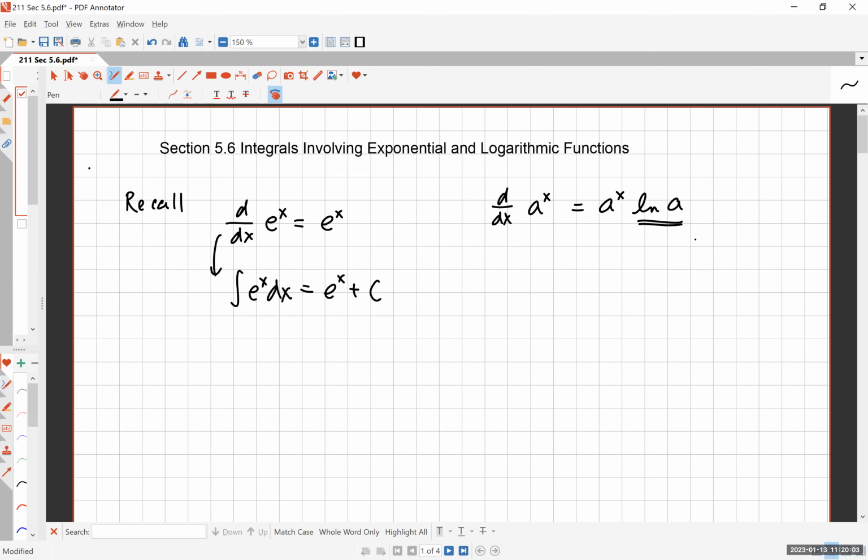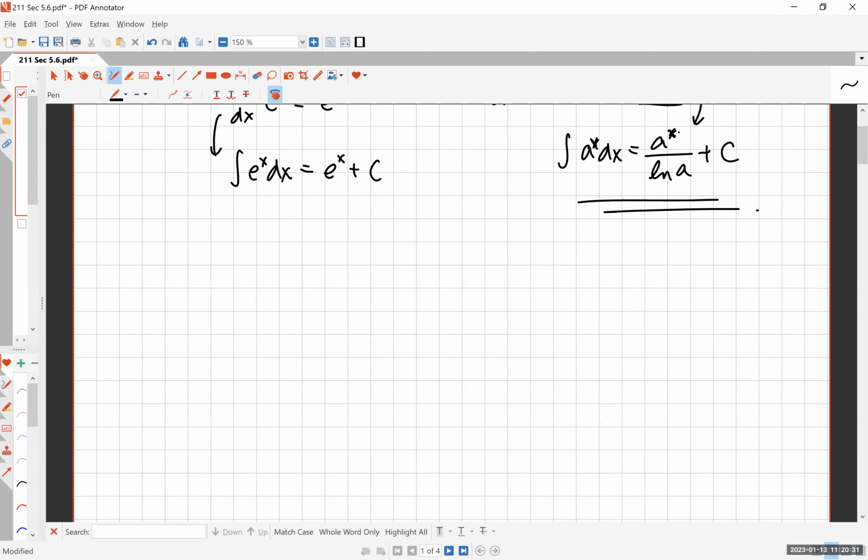Okay, so we could take the integral of a to the x dx. If you take the integral of this, what do you get? Now remember, ln a is a constant, so this will be a to the x, and then the natural log of a goes in the denominator. You could do that, but this is hardly ever used, so we will not have to worry too much about this. I will not ask you to use any number besides e for the base of your exponent. So this is the one that you should remember.